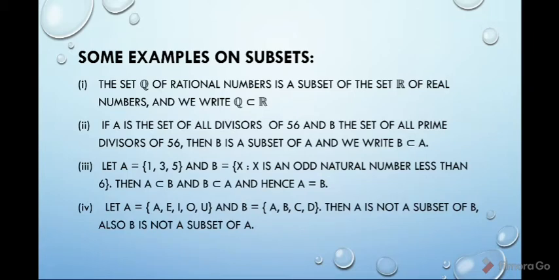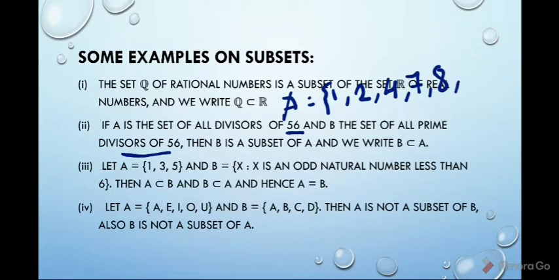Now let A be the set of all divisors of 56 and B be the set of all prime divisors of 56. First of all, if you write set A in roster form, all the divisors of 56 are 1, 2, 4, 7, 8, then if you divide it by 4, it will be 14, then 28, then 56.